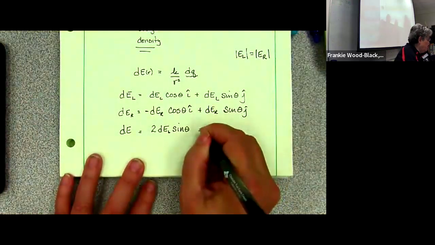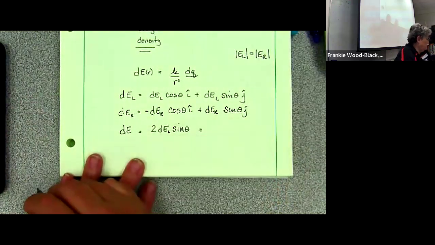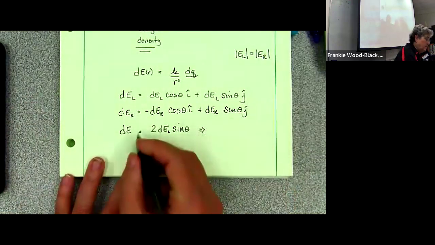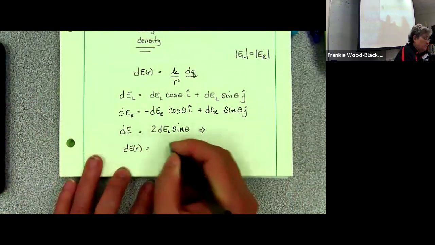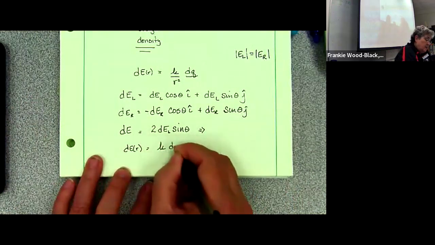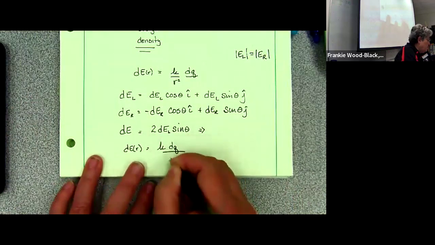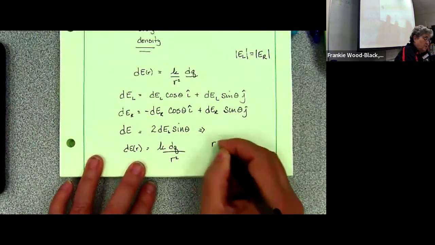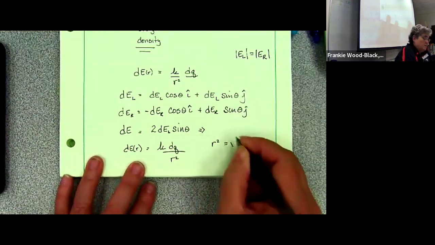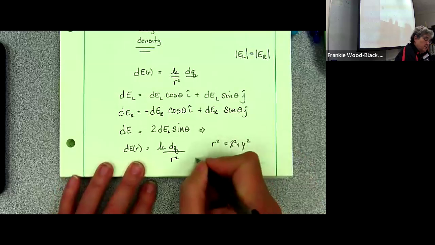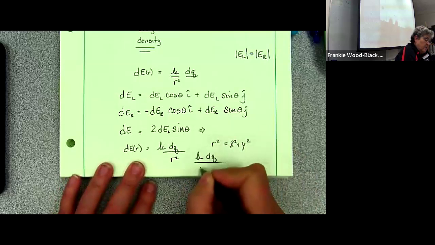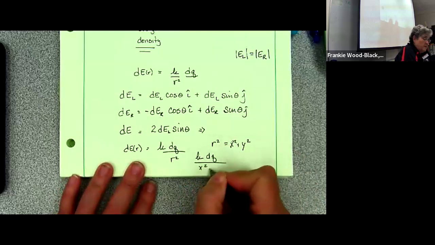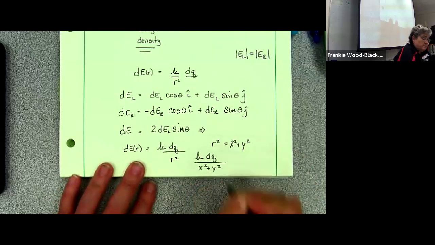And that, of course, we can get our dE right is equal to K dq over R squared, but R squared is going to equal X squared plus Y squared. So I'm going to get K dq over X squared plus Y squared.